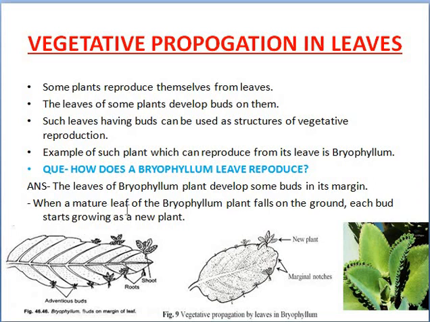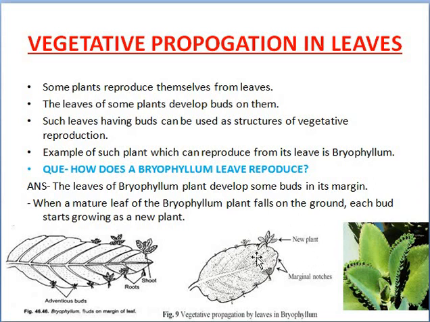When a mature leaf of the bryophyllum plant falls on the ground, each bud starts growing as a new plant. So what will happen? When a leaf of this plant detaches from the plant and falls on the ground, these small buds will start growing as new plants.